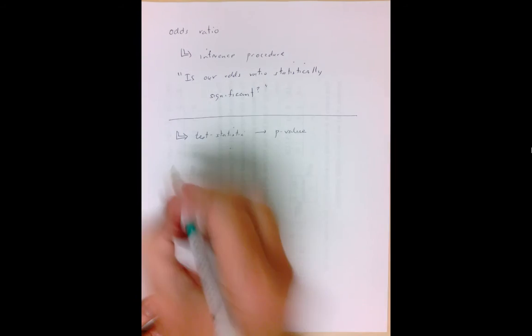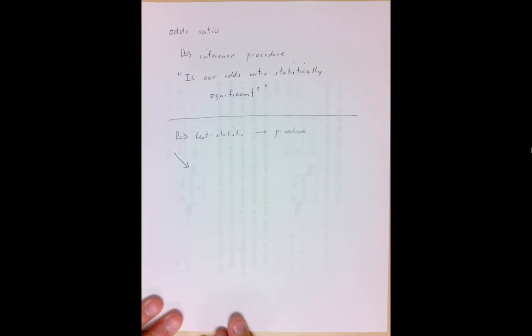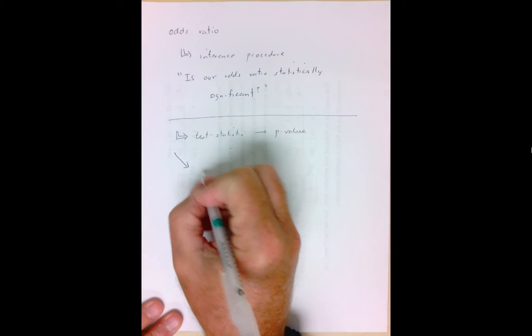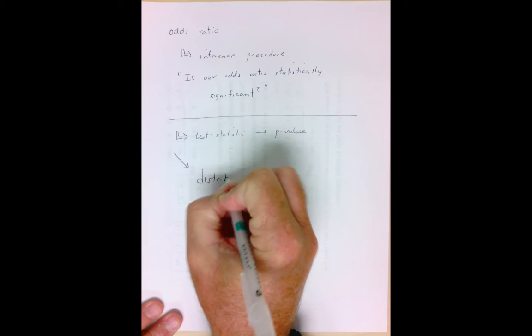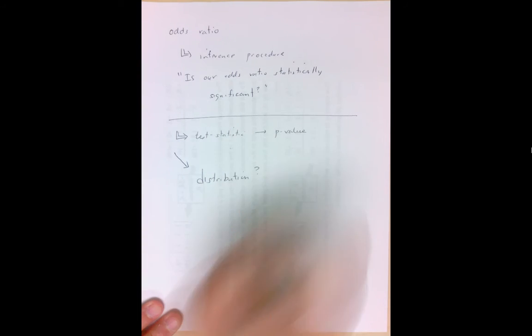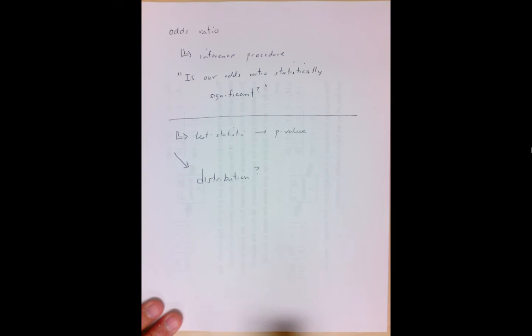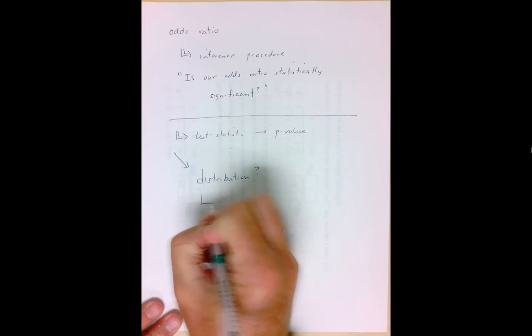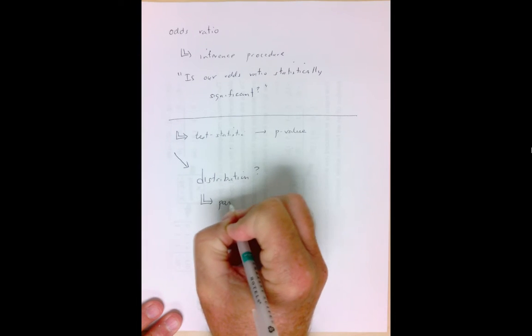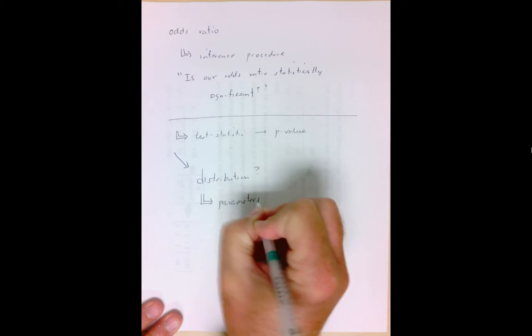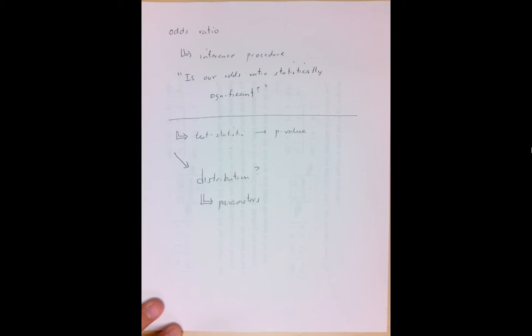So, what all do we need to be able to calculate a test statistic and a p-value? Well, the first thing we got to have is what probability distribution models this phenomenon. What probability distribution are we drawing from to calculate this p-value? And once we decide the distribution, we have to find out the parameters. What's the spread?